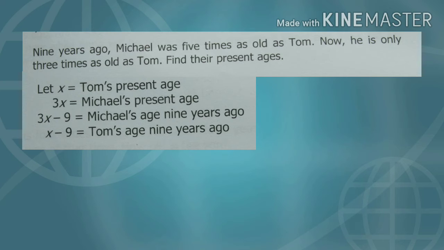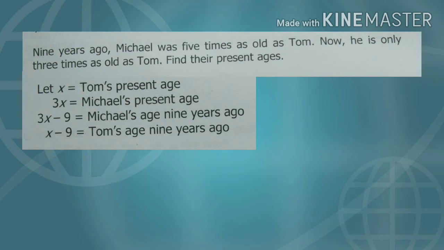So, we will subtract 9 from both Tom's and Michael's present age. Michael's age 9 years ago is 3x minus 9, and Tom's age 9 years ago is x minus 9.